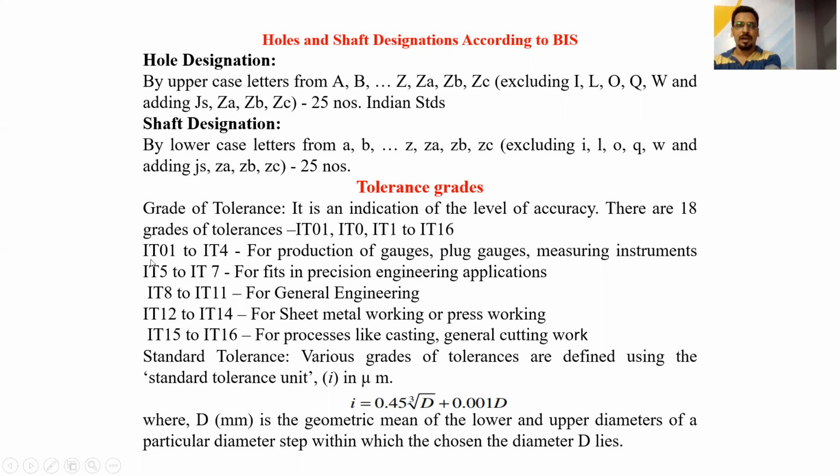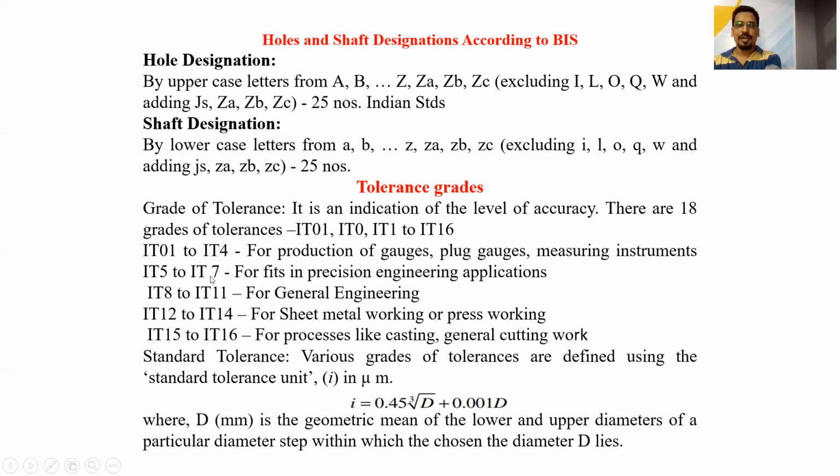For example, IT01 to IT4 is used for the production of gauges, plug gauges and measuring instruments. This type of tolerance grade is provided where the product is used for inspection purposes.